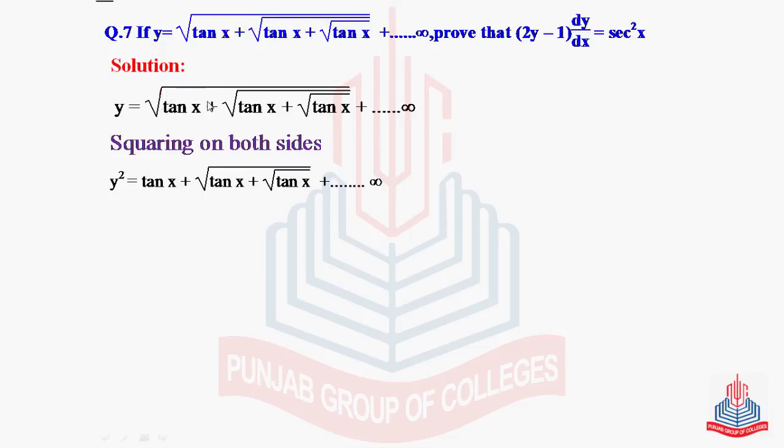We have tan x plus the same square root of tan x plus square root of tan x, up to infinite terms.